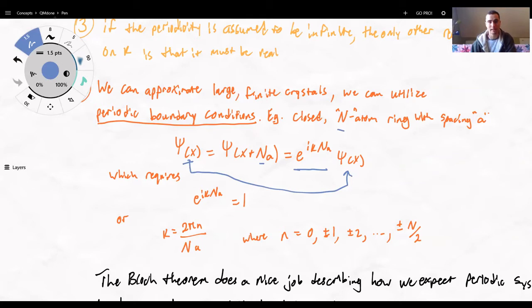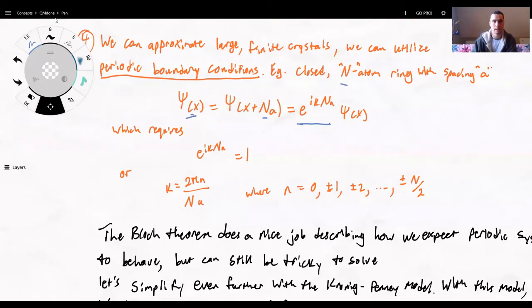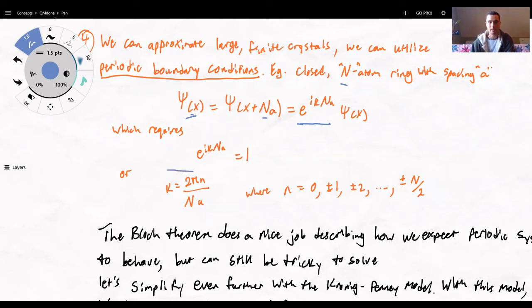And that means that that factor has to be equal to 1. So what we'll do is make that factor equal to 1. You can do a little bit of math. Remember, you can use the Euler formulation to split it up into sines and cosines, and so on, and you end up with another restricted k.